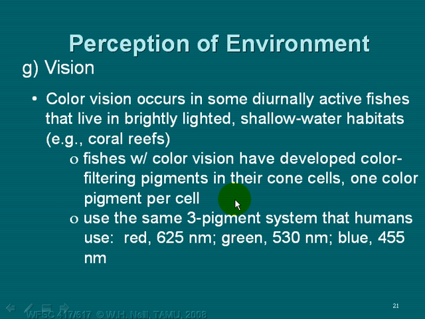And they don't tend to have color vision. The ones that do see color have the same three pigment system that humans have. Red, green, and blue tends to be the maximum sensitivities at these wavelengths.